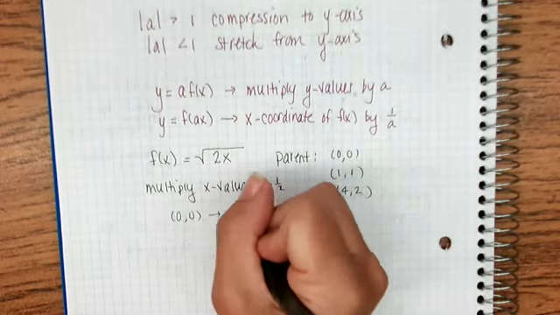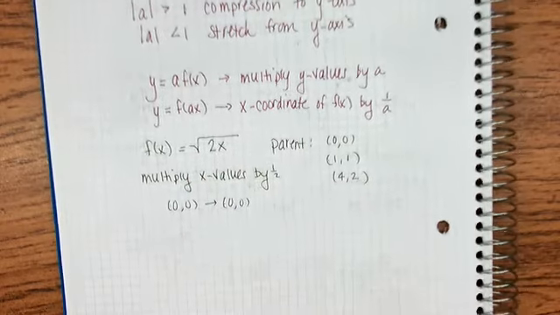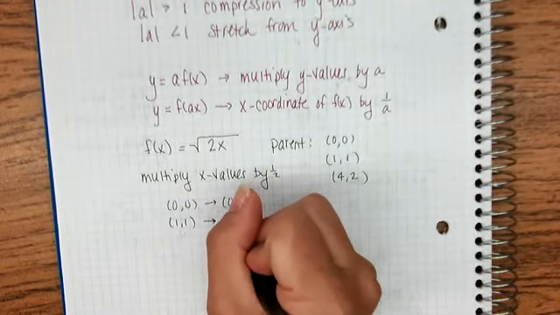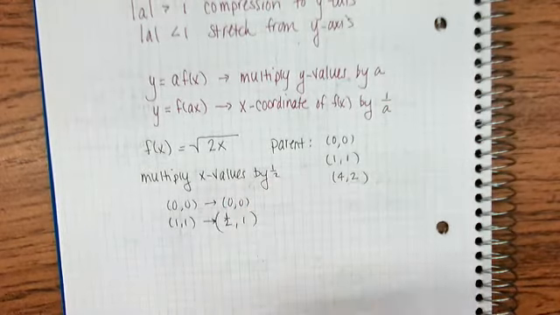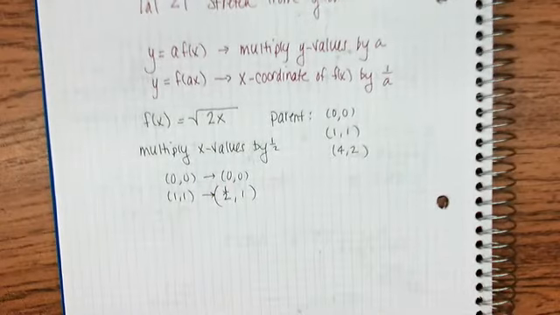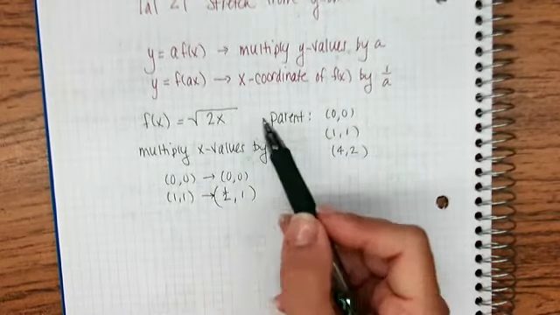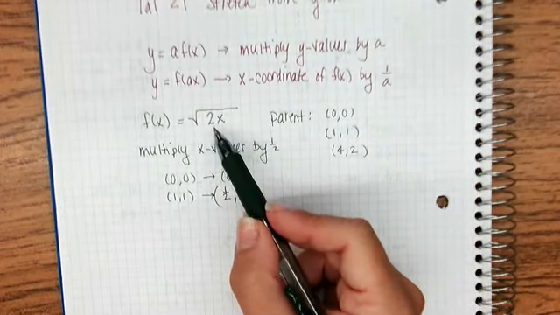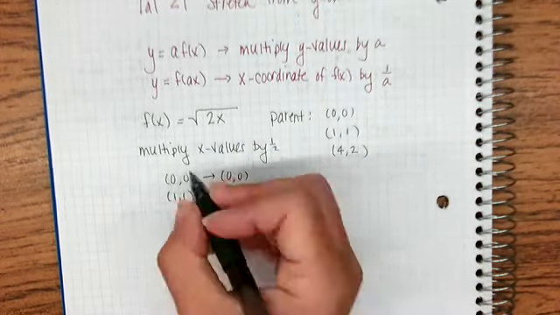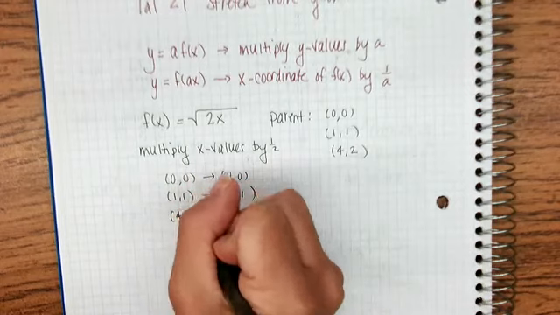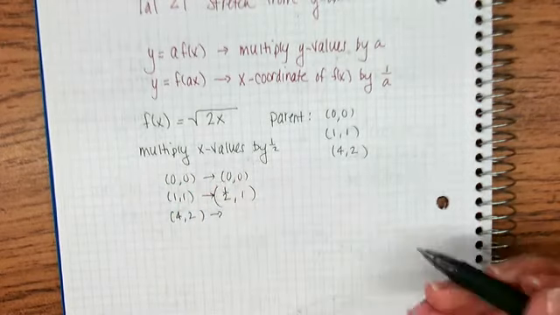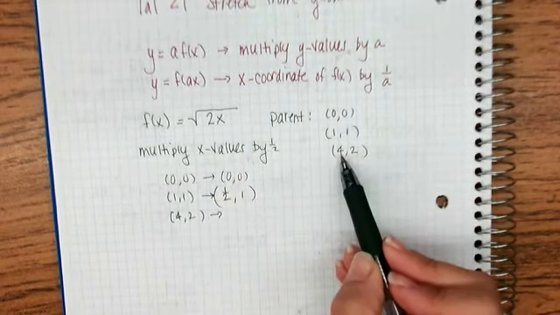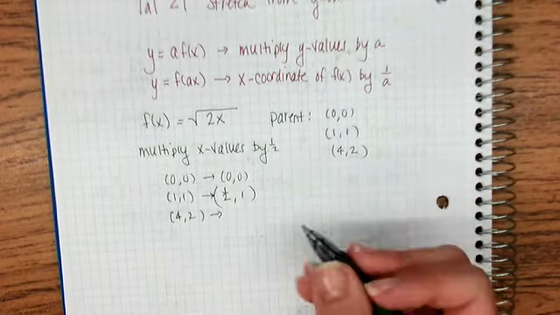That's beautiful. But 1, 1 becomes 1/2, 1. Two times 1/2 is 1. Square root of 1 is 1. 4, 2 becomes, excuse me, the x coordinate is 4. 4 times 1/2 is 2.